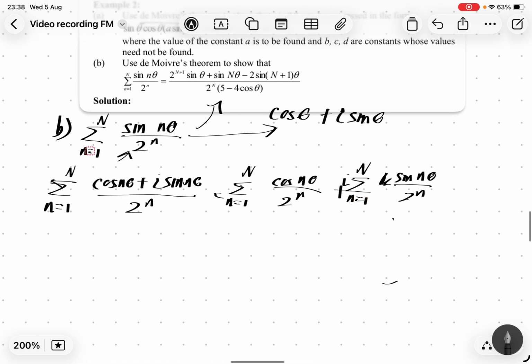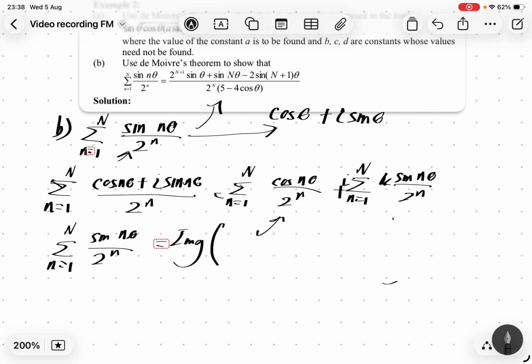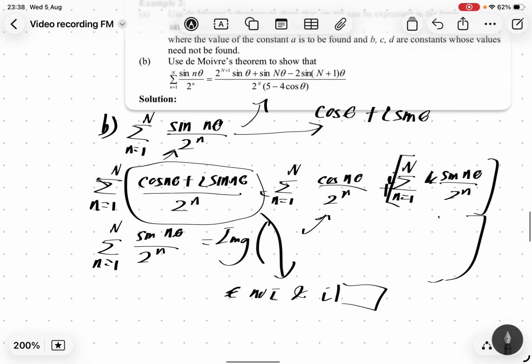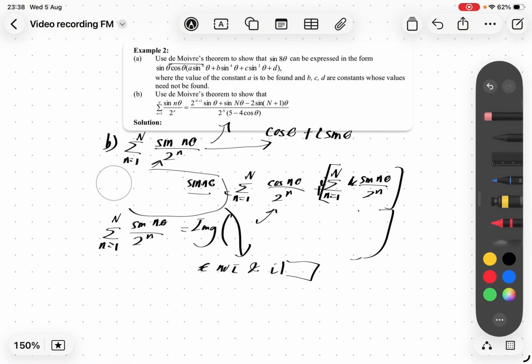So basically, this summation of sine n theta over 2 power n is actually just the imaginary part of this whole thing, which is the part that has the i, right? So we just need to expand this into parts with no i, and then get that part, and I'll have my answer, okay?